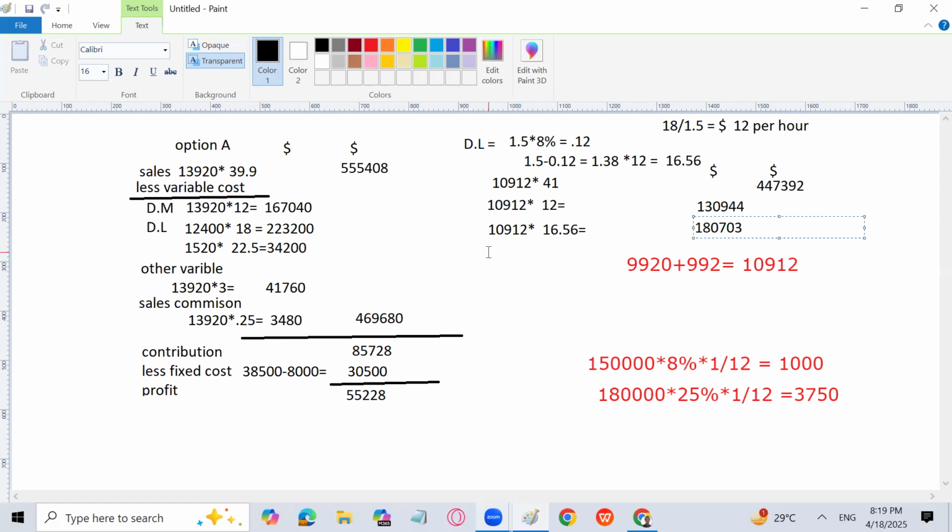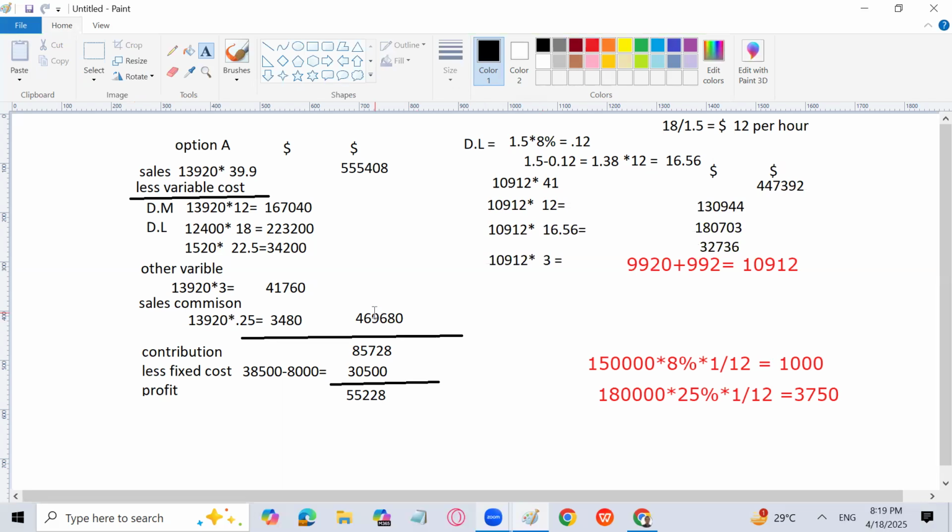Okay. Now the other variable cost will also not change. So 10,912 multiplied by 3. 32,736. Okay. There is no change in sales commission. There is no sales commission in this question, so I will not charge any sales commission.